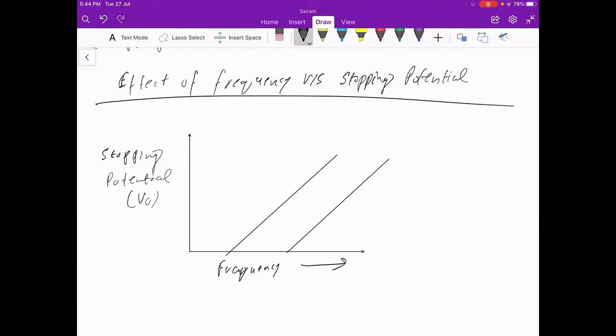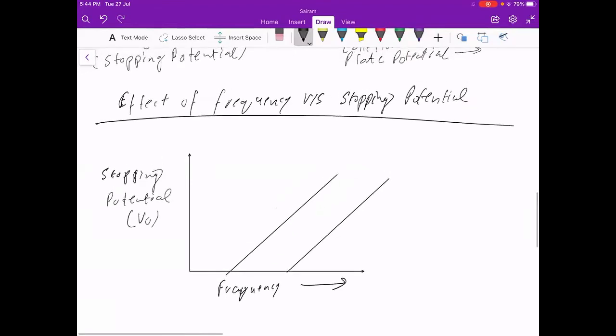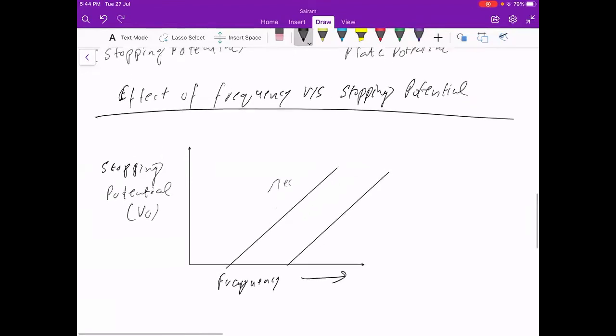The reason is Einstein's photoelectric equation. Let's say this is metal A, this is metal B, where nu is more than nu naught, that is, the frequency is more than the threshold frequency. At the threshold frequency, you will have zero stopping potential. You don't need to apply anything really.